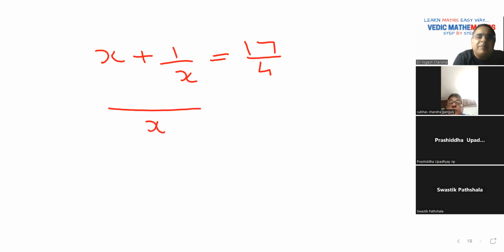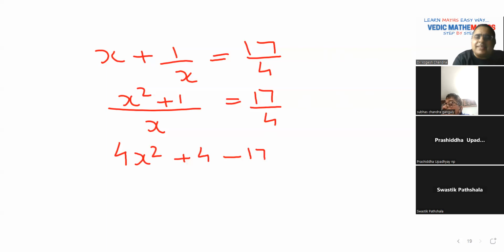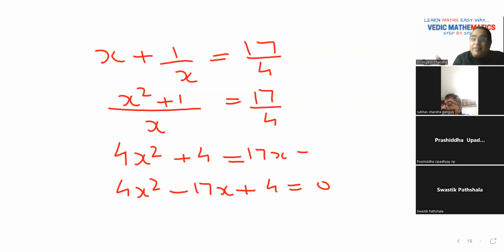Take LCM: x² plus 1 is equal to 17 by 4. So that gives 4x² plus 4 minus 17x is equal to 0, or 4x² minus 17x plus 4 is equal to 0. So what are the factors?